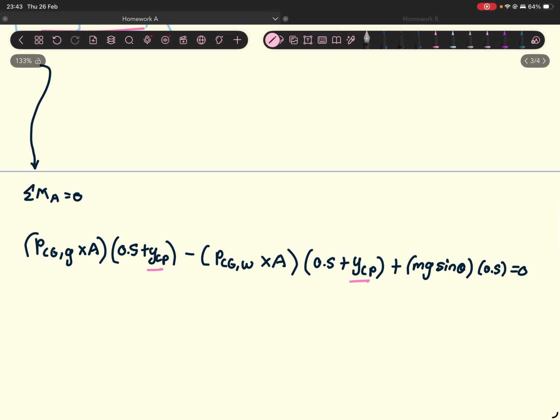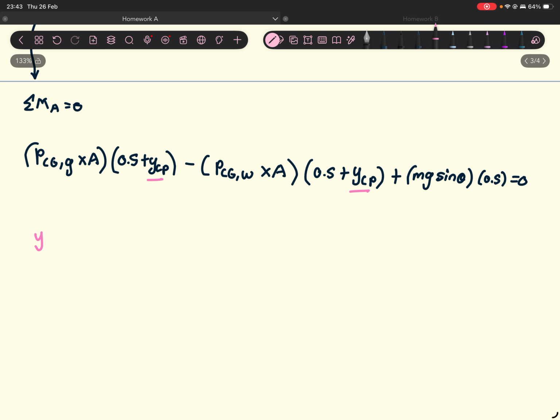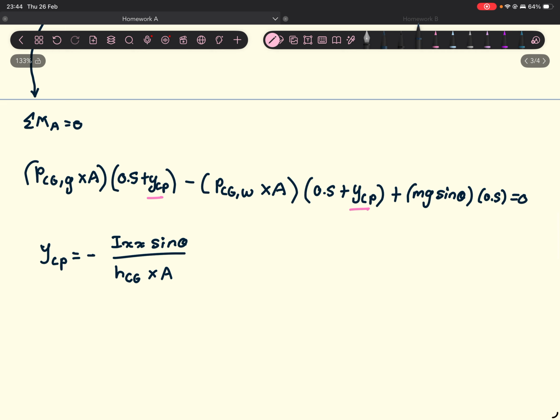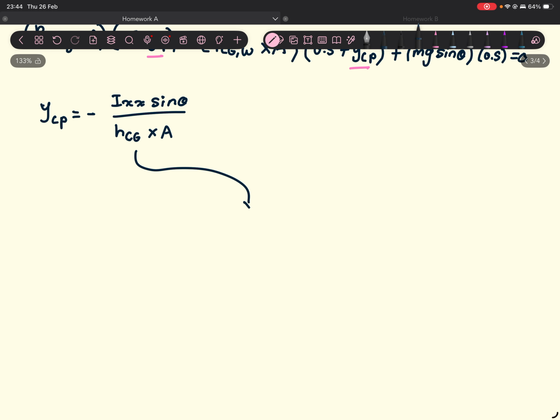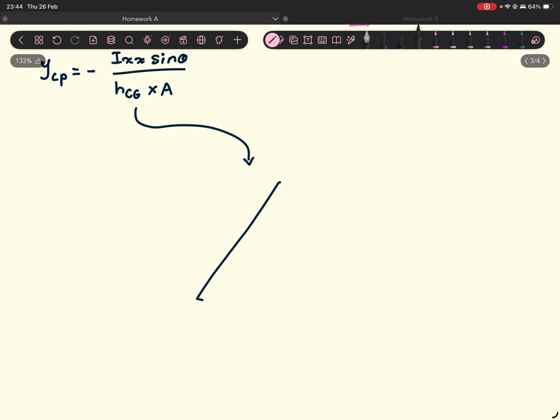The thing we want to rewrite now is ycp. Okay, so ycp is a weird one. ycp is equal to negative Ixx sine theta divided by hcg times the area. Cool. So this is related to just the gate itself, or just the portion of the object that's submerged, right?